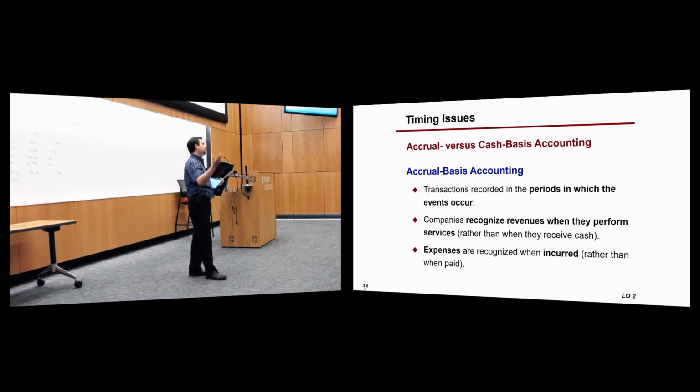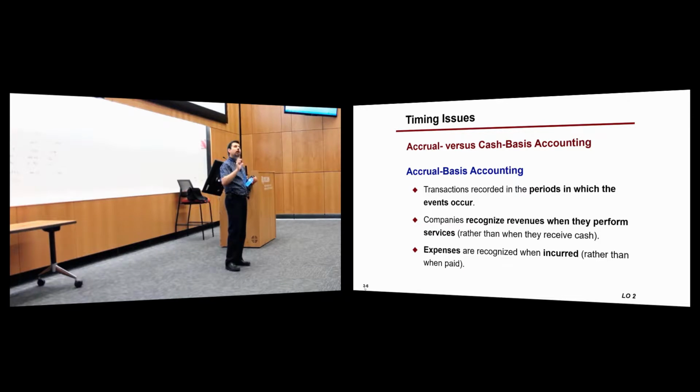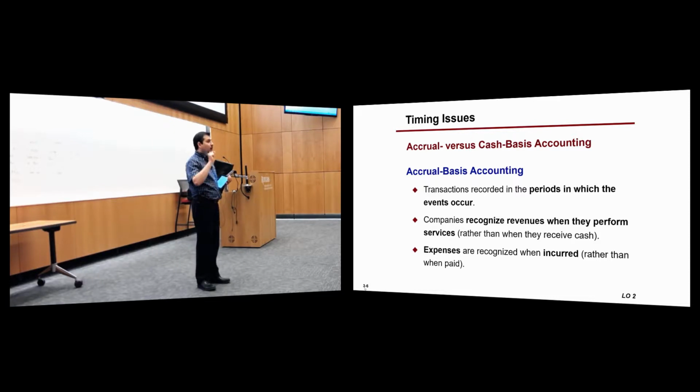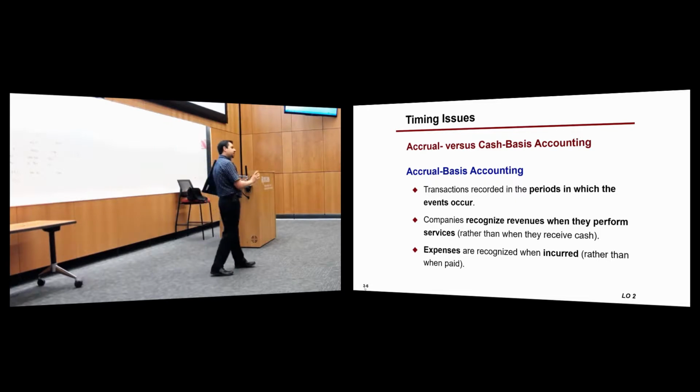September. What about the cost of employees who actually put that billboard up there? The salaries of those employees and the cost associated with that billboard will be recognized in September again. This is when the event happened.